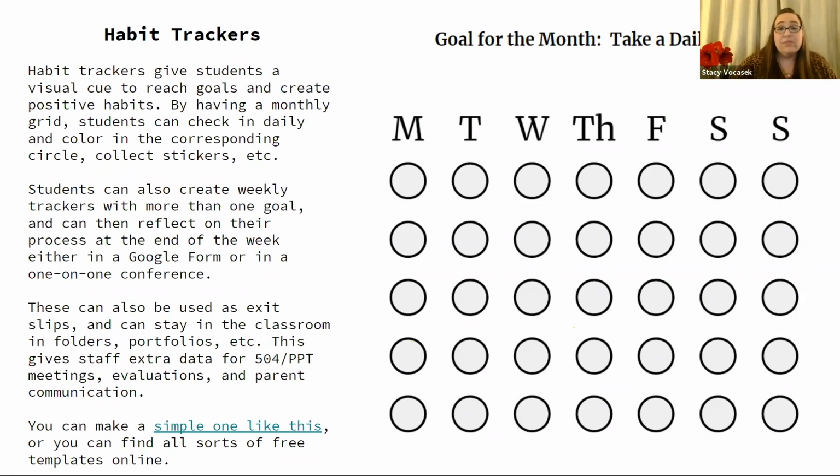Like, were you able to do this? I put a goal for the month of taking a daily walk, and that's outside of class, which is fine.